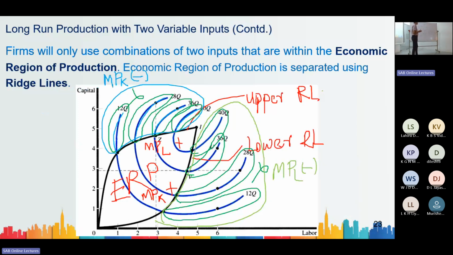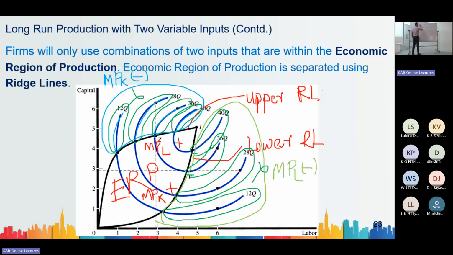With that we understand that over these portions of isoquants, the marginal product of labor is negative, so a rational producer will not operate there. The marginal product of capital is negative here, and the marginal product of labor is negative here.